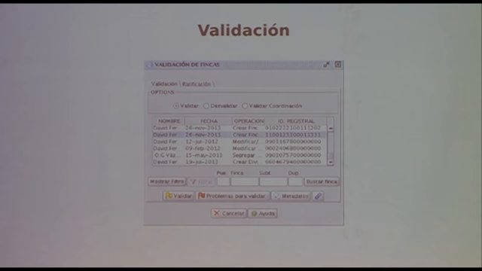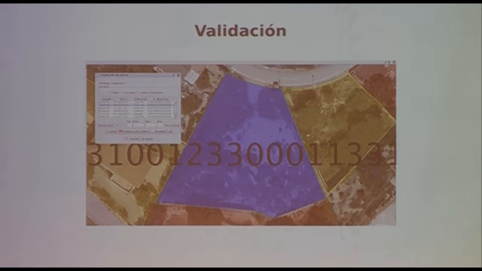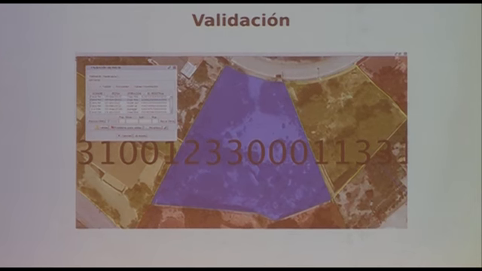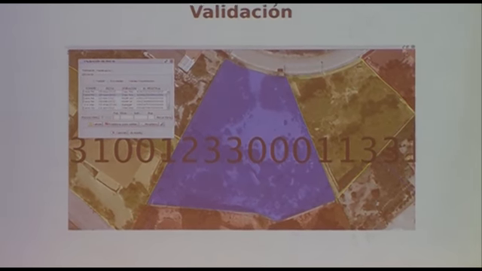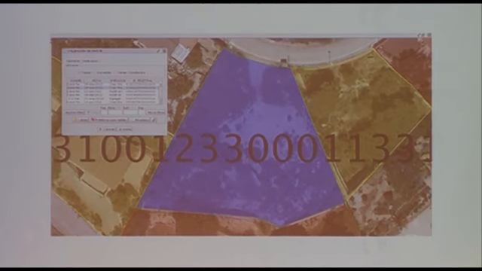What functionality was implemented to carry out the validation procedure? Well, first of all, access to the application was restricted so that authorized users only can gain access to validation procedures. Secondly, a panel was included, a display window, as you can see, for the registrar to browse through the properties.